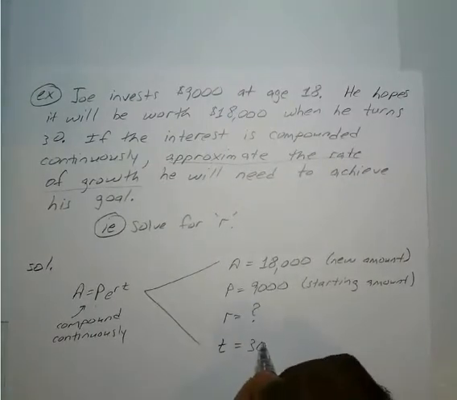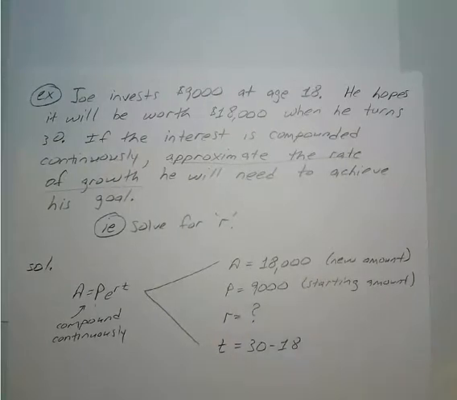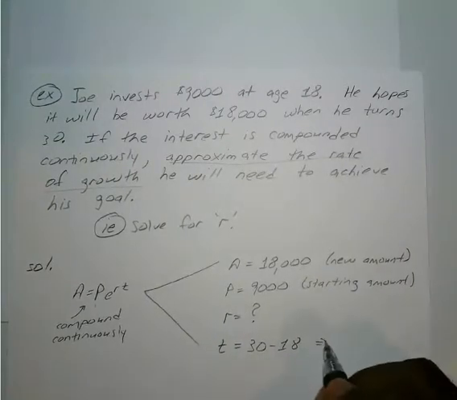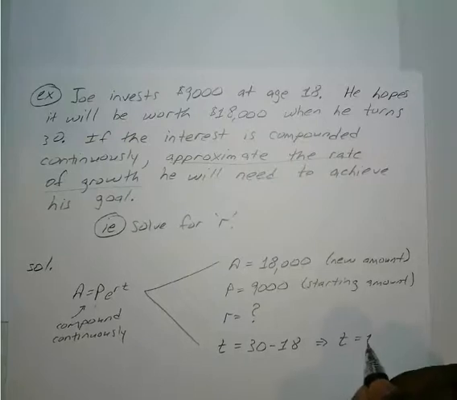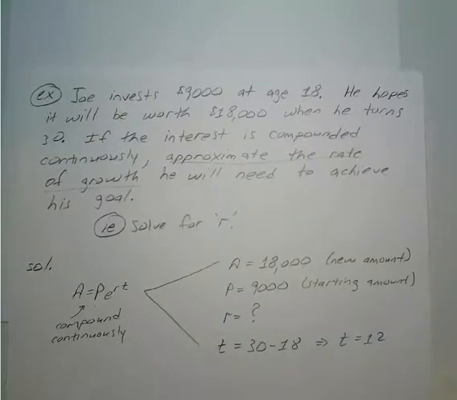We have 30 minus 18, which means your time is equal to 12 years. So even though they didn't give us the time, we can find it. They gave us everything we need to solve this problem. So let's go ahead and slide this up a little bit.